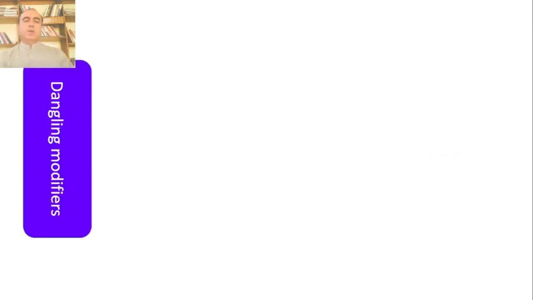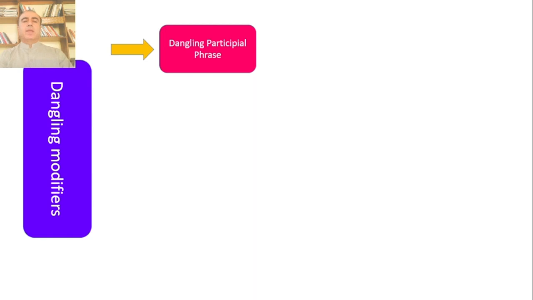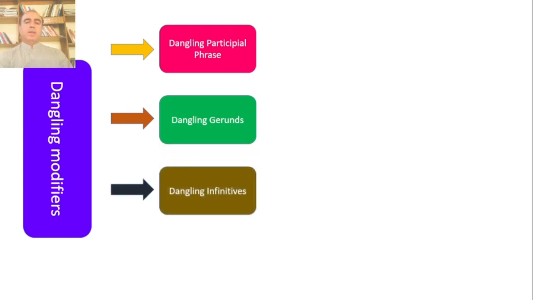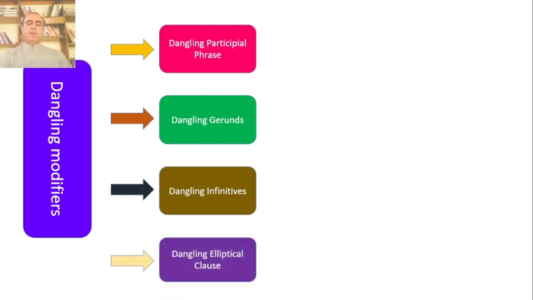There are various cases of dangling modifiers. First one is dangling participle phrase, then dangling gerund, then dangling infinitives, and last but not least, dangling elliptical clauses. We talk about them one by one.